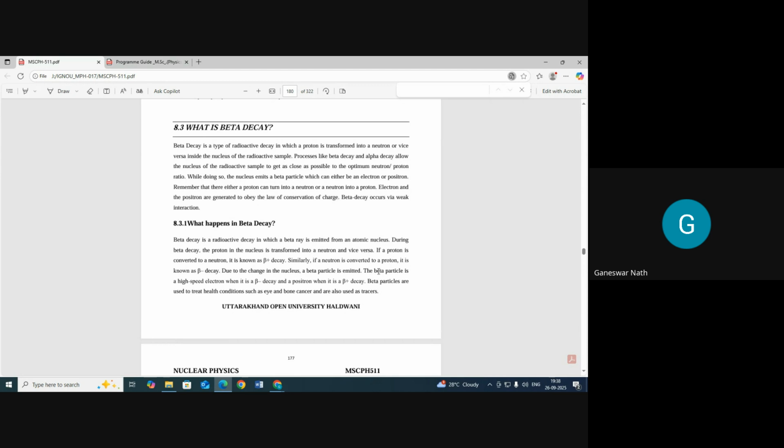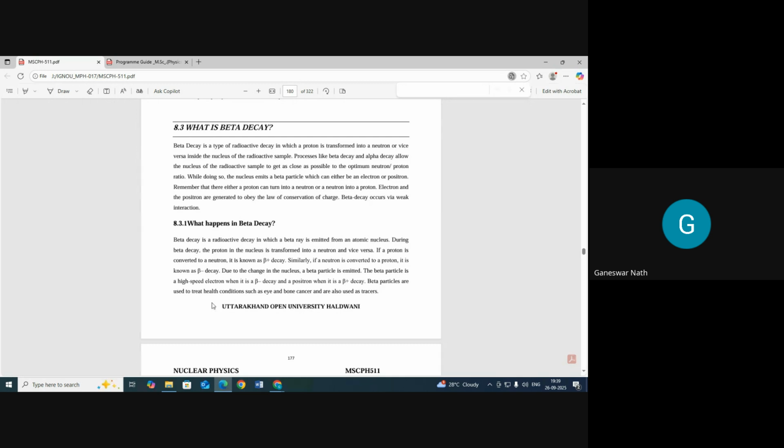Due to the change in the nucleus, a beta particle is emitted, and the beta particle is a high speed electron in beta minus decay, and a positron in beta plus decay.